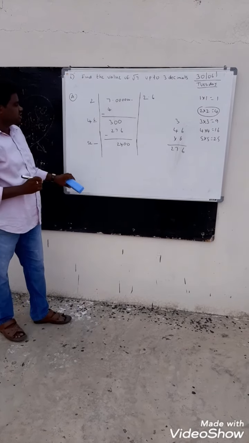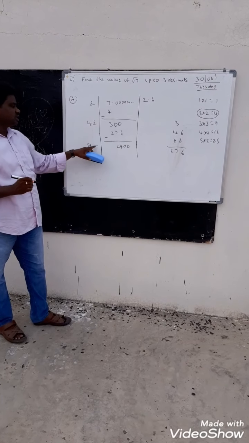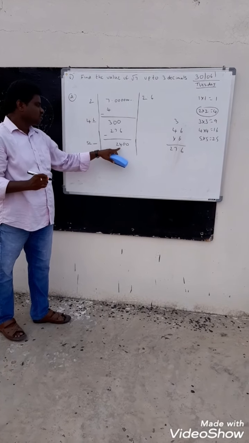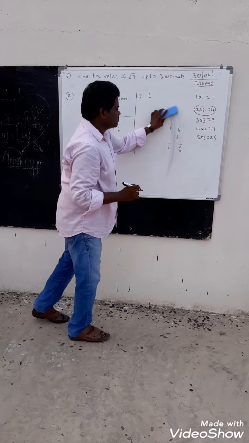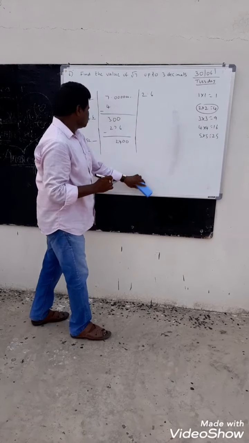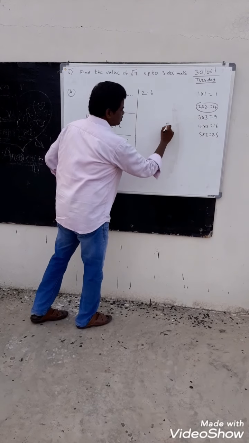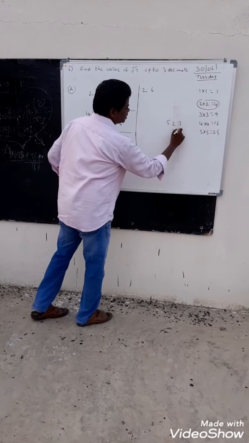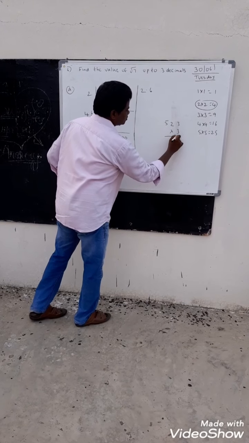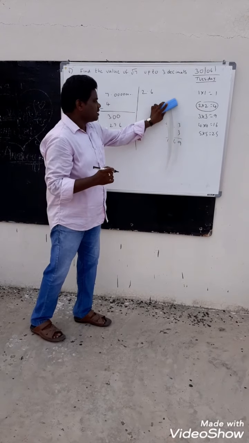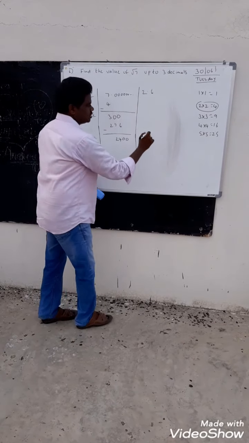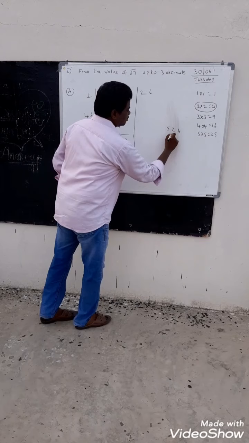Now you have to place a digit here. If you place a digit here and multiply it, you get 2400. That means 52_. If you want to replace it with 3, 523 into 3: 3 threes are 9, 3 twos are 6, 3 fives are 15, 1569. It is smaller. After that, if you keep the next number 4, that is 524.